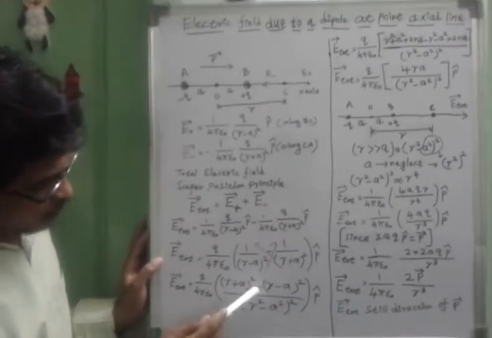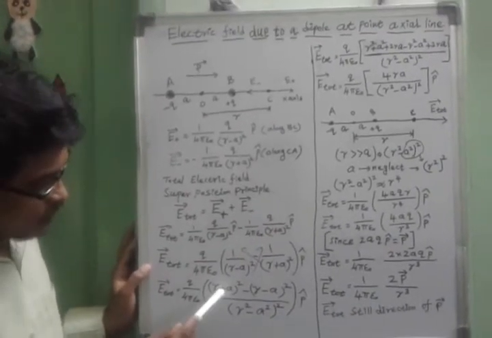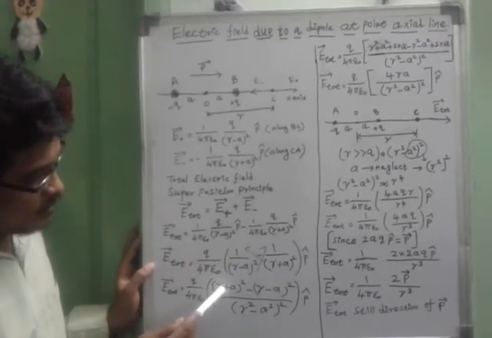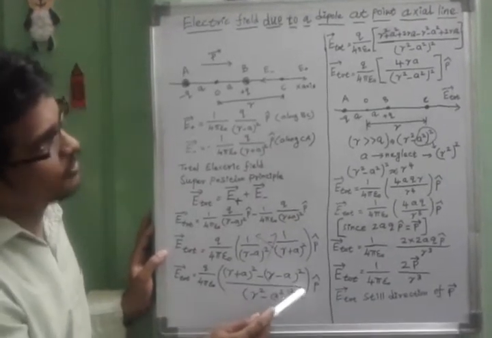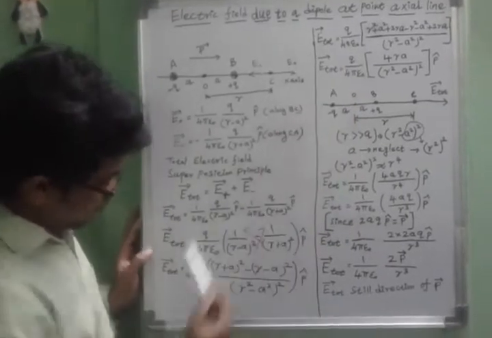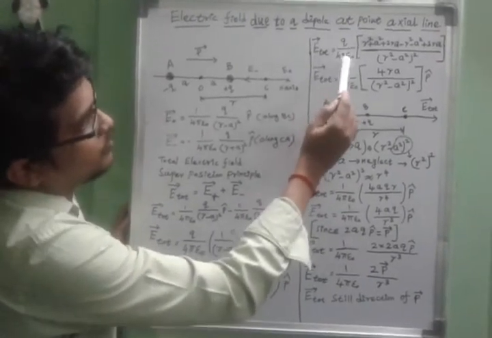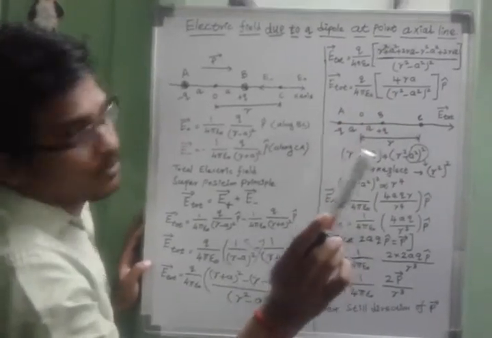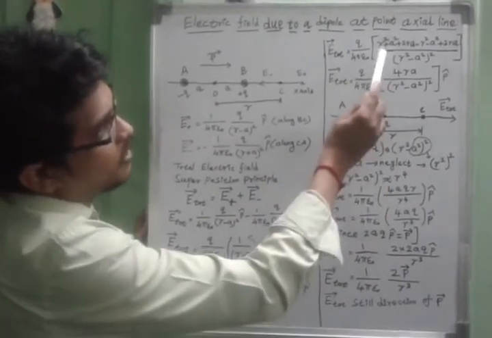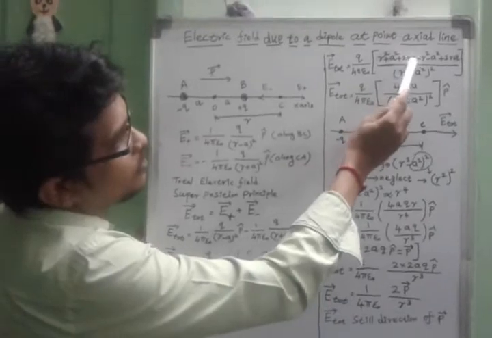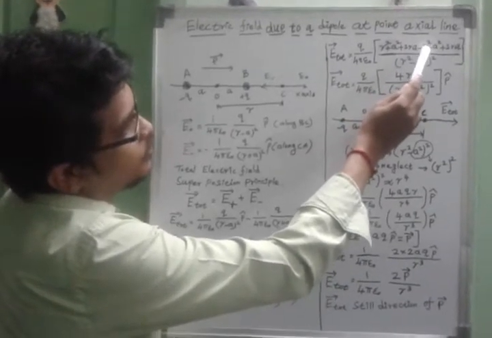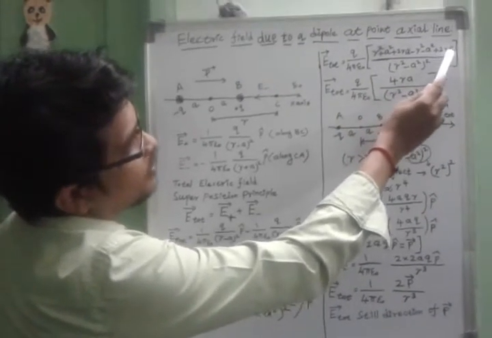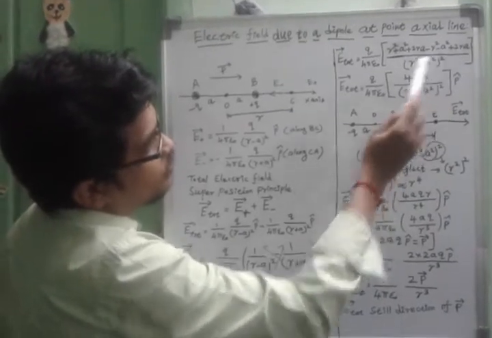Using the algebraic formula (a plus b) the whole square and (a minus b) the whole square, the total electric field is q by 4 pi epsilon naught, times r square plus a square plus 2ra, minus r square plus a square minus 2ra, over (r square minus a square) the whole square.